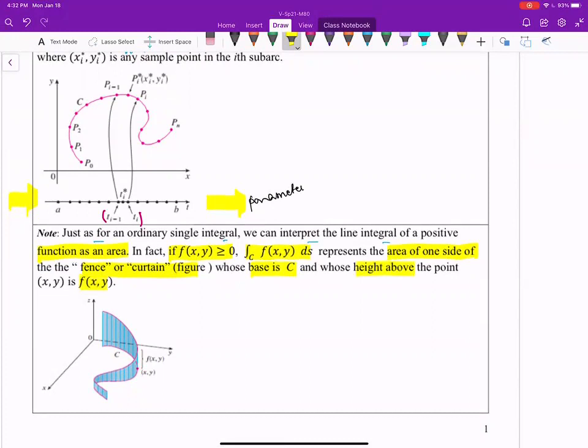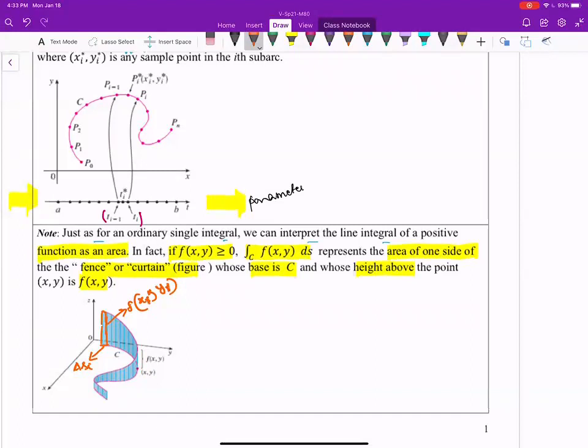So just in the Riemann sum, if you look at this little piece over here, it's kind of a rectangle, and this piece is the delta Si piece, and this height is f of x_i star, y_i star, or f of x_i y_i. This being the first subinterval, you can call it f of x1, y1.